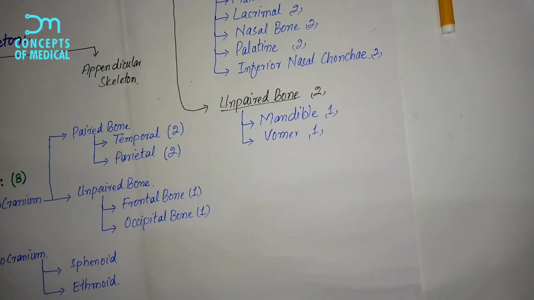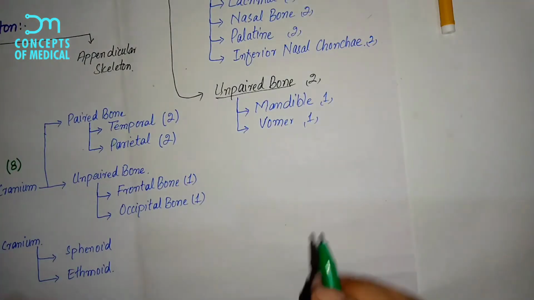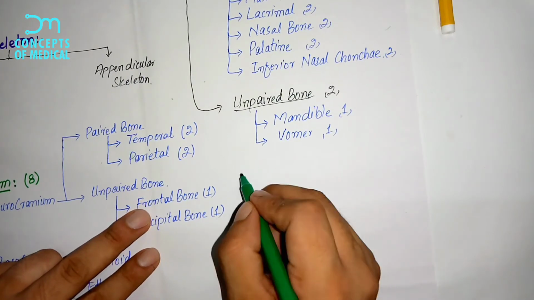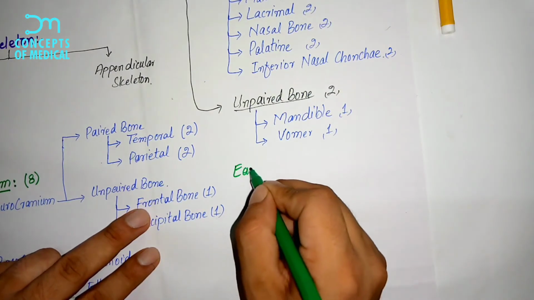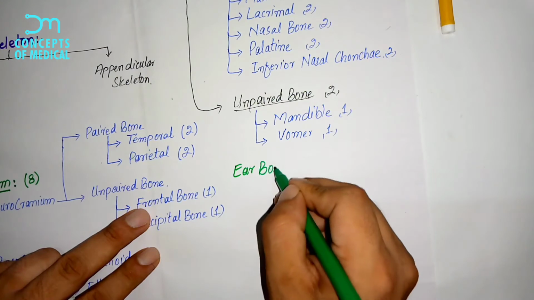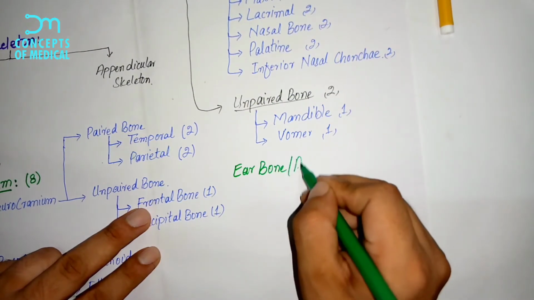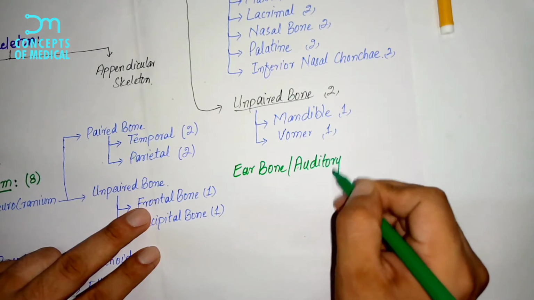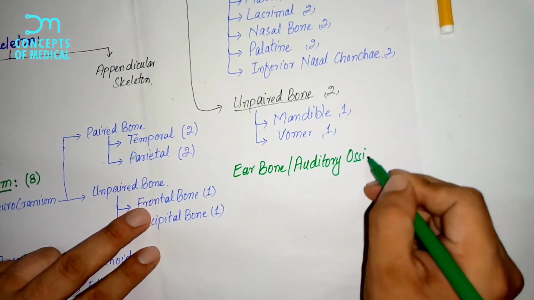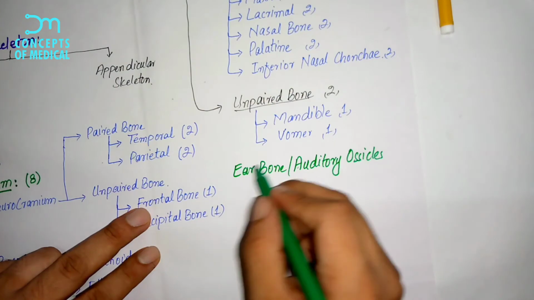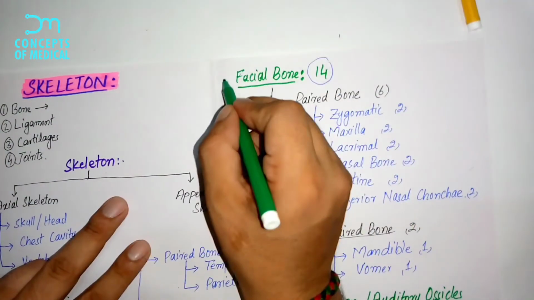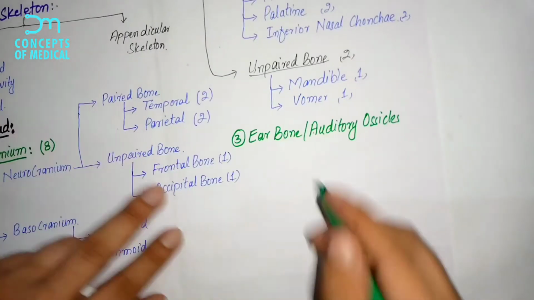So the third part here we have is the ear ossicles or ear bones or auditory ossicles, right? So this is actually the third part of our bones.